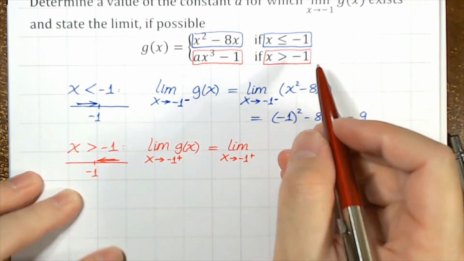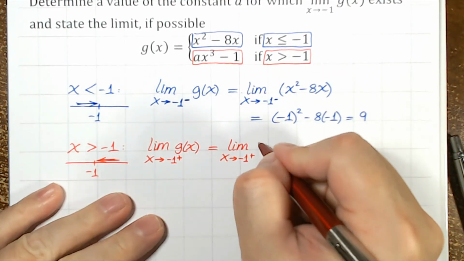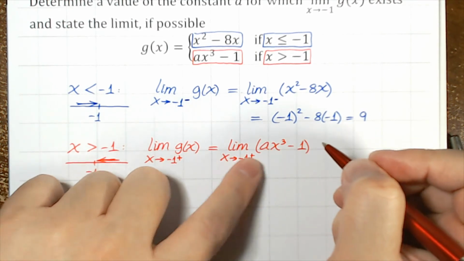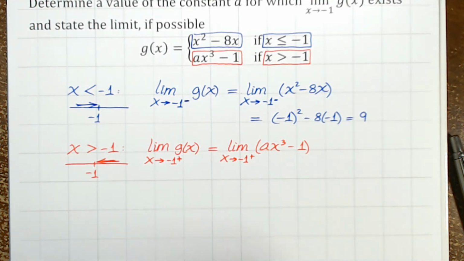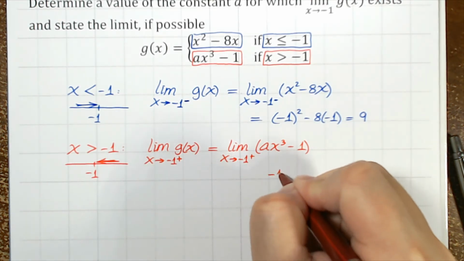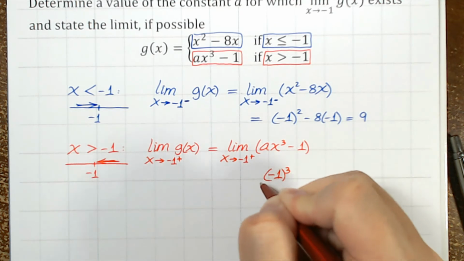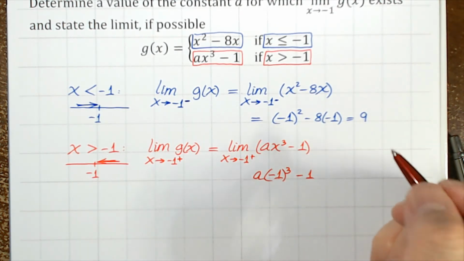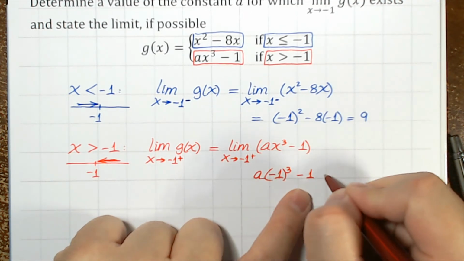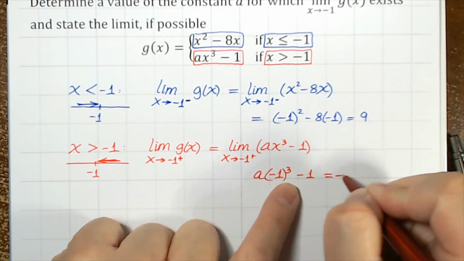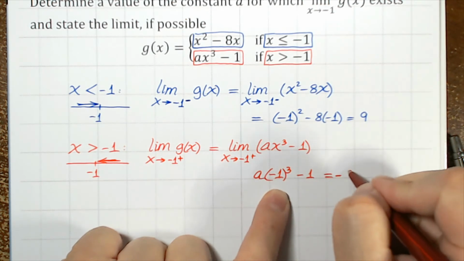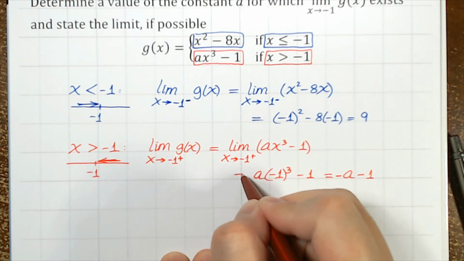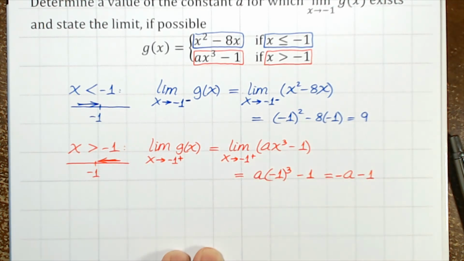G of x when x is greater than -1 is ax cubed minus 1. So we're going to put -1 into it. -1 into x cubed, and we have a in front of it, and -1. Right, -1 cubed is -1, times a, so -a minus 1. So that is the limit when x goes to -1 from the right hand side.